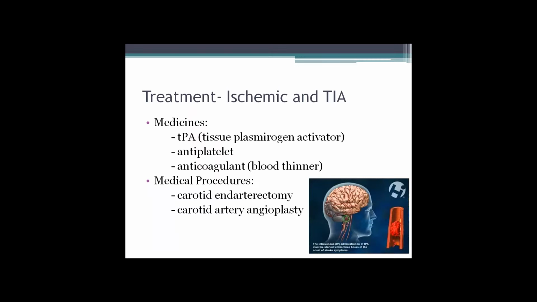A doctor will inject TPA into a vein in your arm, and this medication must be given within 4 hours of onset. If for some reason you can't have TPA, your doctor may give you an antiplatelet medication that helps stop platelets from clumping together to form blood clots. You could also get an anticoagulant medication that keeps existing blood clots from getting larger, and aspirin is a pretty common one.